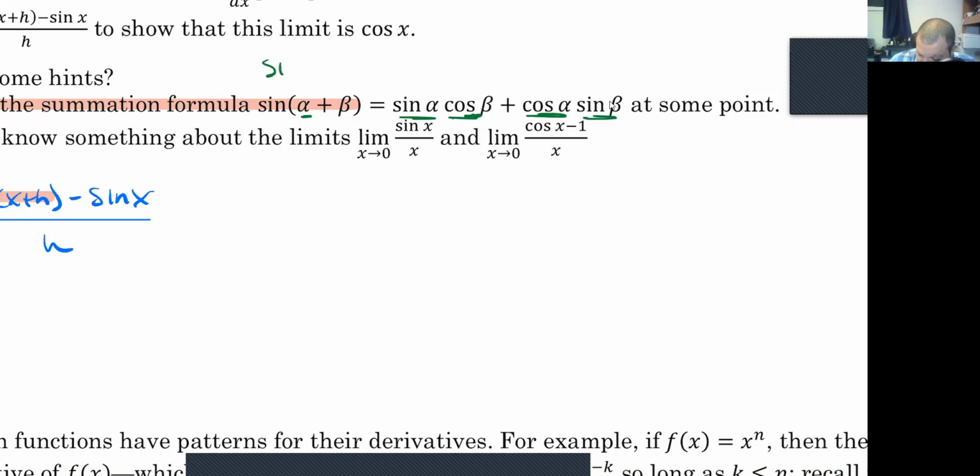So for example, if we had the sine of, I don't know, 30 plus 45, if we were trying to figure out what the sine of 75 degrees was, it would be the sine of 30 cosine 45 plus the cosine of 30 sine of 45.